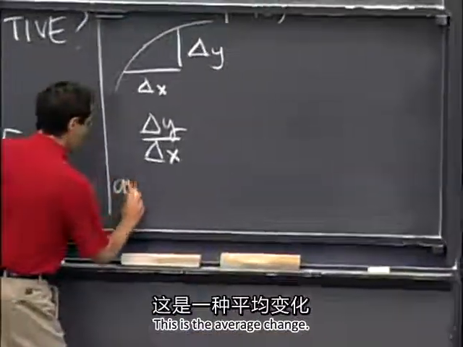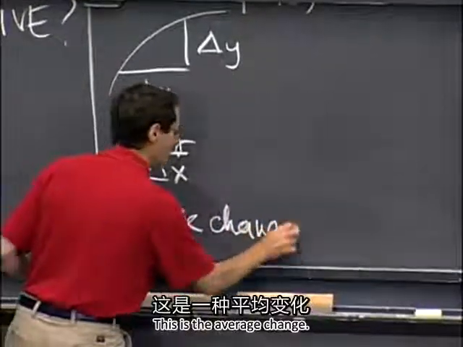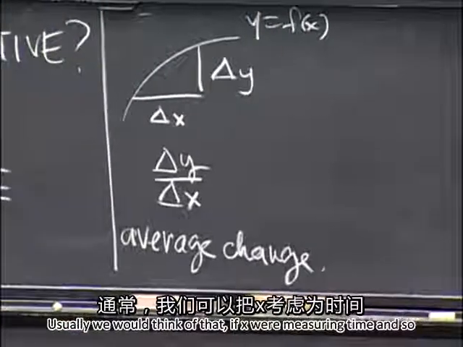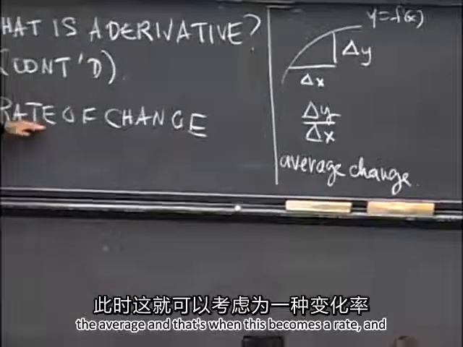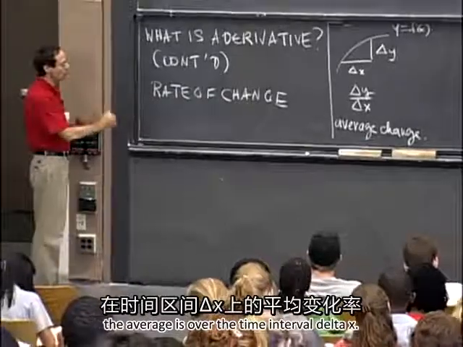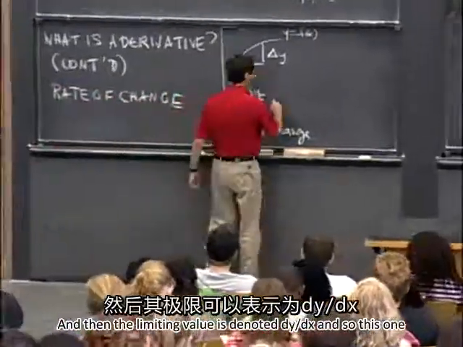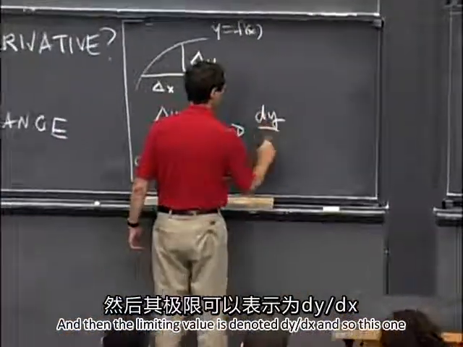This is the average change. Now, usually we would think of that if x were measuring time, and that's when this becomes a rate. And the average is over the time interval delta x. And then the limiting value is denoted dy dx.